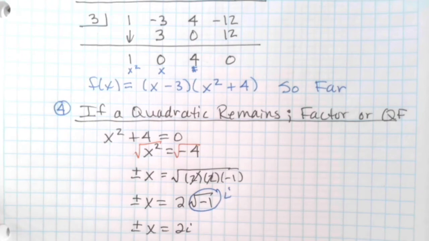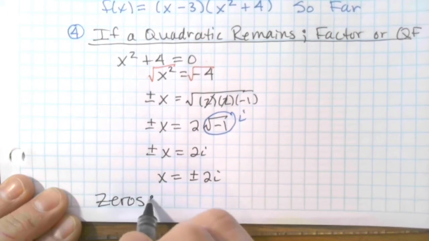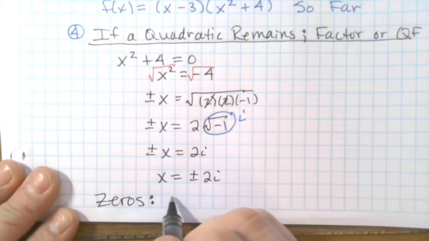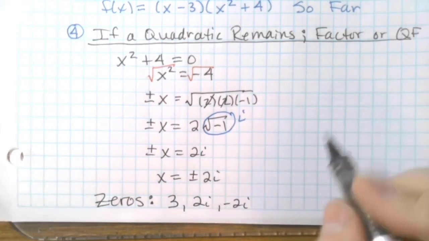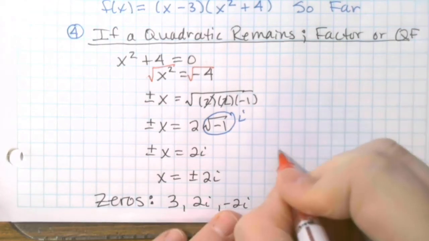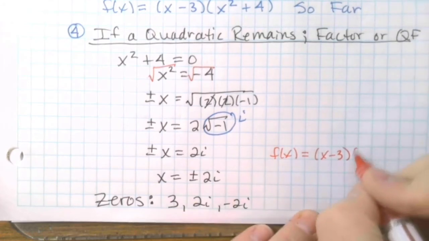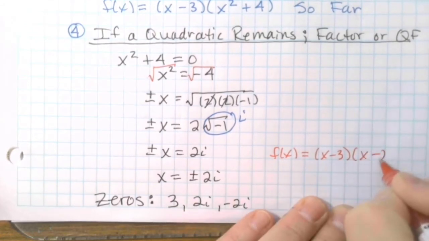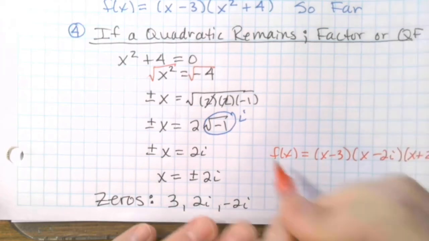Okay, so our zeros are 3, 2i, and negative 2i. So the factorization is f of x equals x minus 3, and then I've got x minus 2i and x plus 2i.